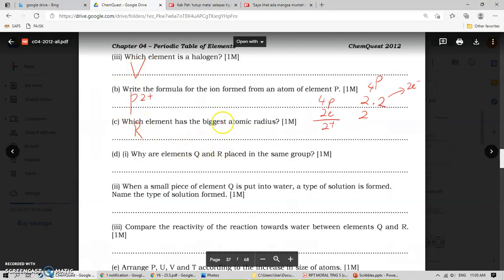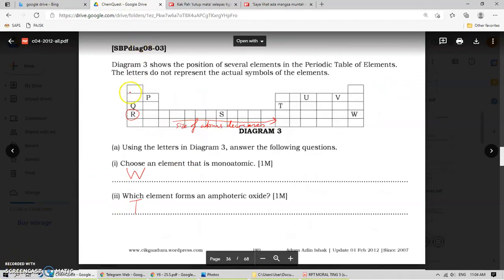Why are elements Q and R placed in the same group? Let's look at Q and R. Where are they? They are both in group 1. So why are they in group 1?